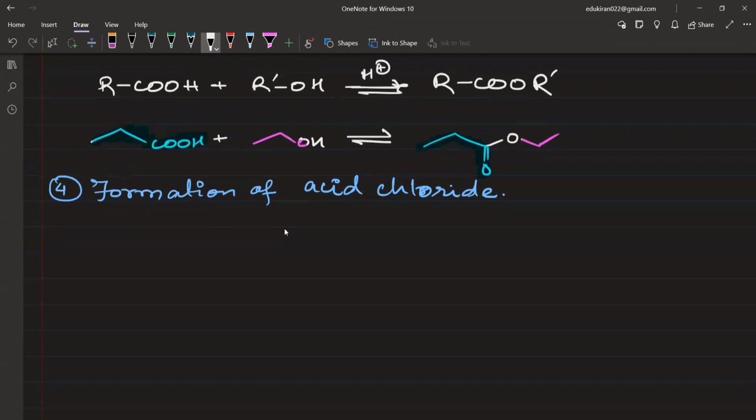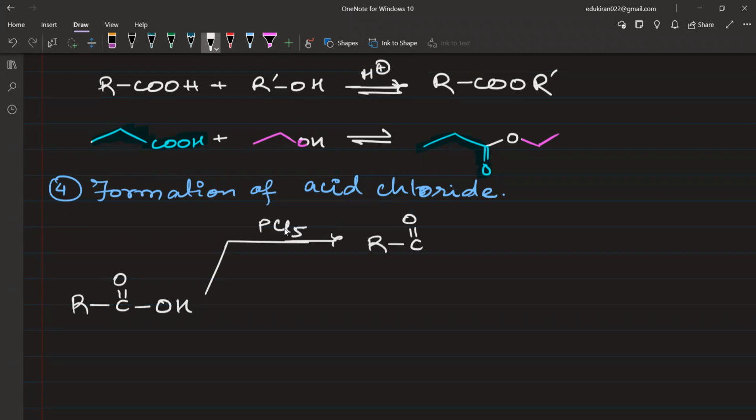And in haloalkane, we use multiple phosphorus-based reagents and also one thionyl chloride. Okay. So if you have R, C double bond O and OH, like alcohols to haloalkane, similar type of reagents are used here. If you use PCl5, this OH will be replaced by chlorine. R, C double bond O is as it is, and OH will be replaced by chlorine. Plus you will get POCl3 and HCl as the byproduct.